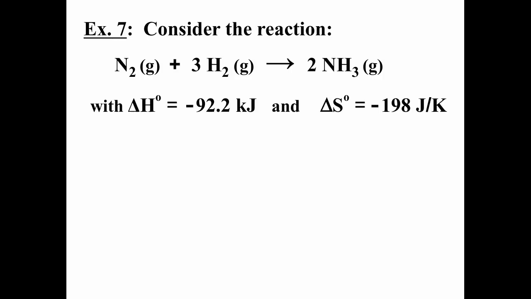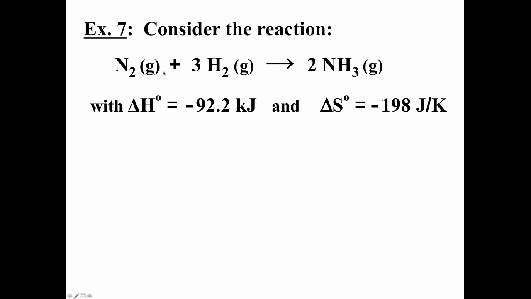Okay, let's do one other thing, revisit an example from class. This is the one with nitrogen and hydrogen and making ammonia gas. The incorrect values for delta H and delta S were given, and so we had to skip past that part. So this is just putting in the correct values for delta H and delta S and revisiting the problem.